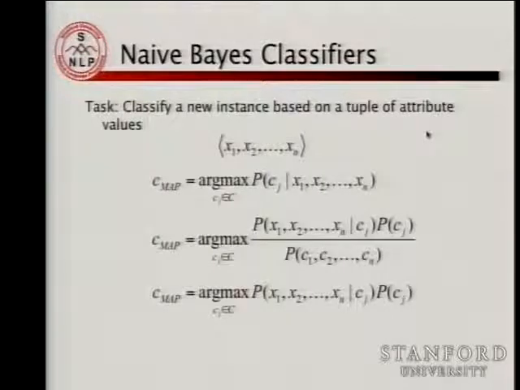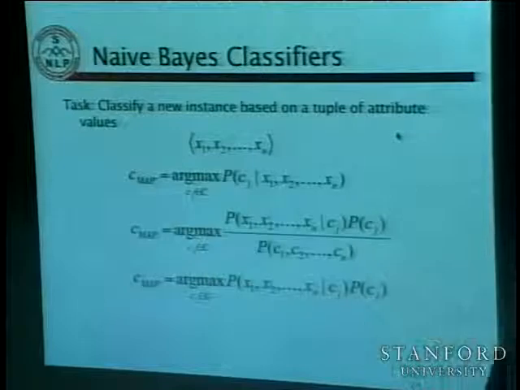So a naive Bayes classifier is going to be using Bayes' rule like everything else we do, and what we want to do is find the class based on some attributes. We do Bayes' rule and invert things around and say we have a prior probability of classes, and then we're using the probability of the attributes given the class.